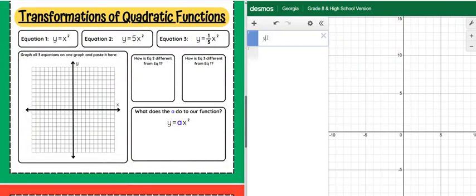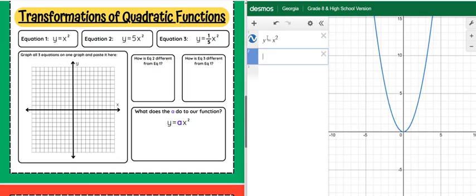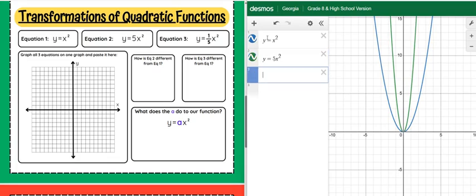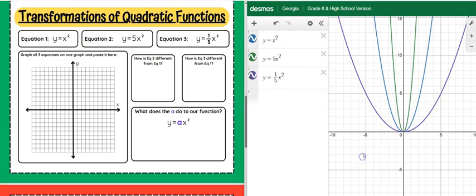All right, again, we're going to keep y equals x squared. Then we have y equals 5x squared. And then we have y equals 1/5 x squared. So what does that do to our graphs? Well, they all stay in the same place. They don't move.